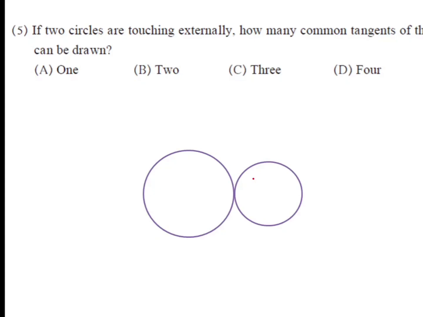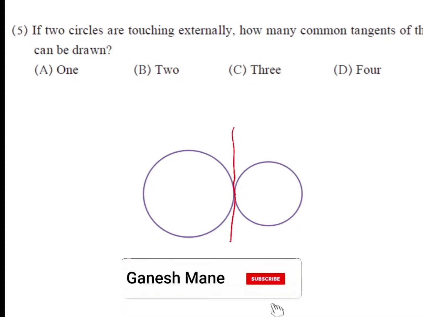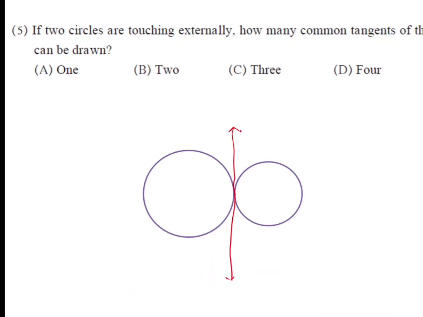We may wonder that as there is only one common point, as these are externally touching circles, we can have only one tangent which passes through the common point of these two circles. But it is not the case. If this is the first tangent which is common for both the circles, now we can have another tangent which touches these two circles.